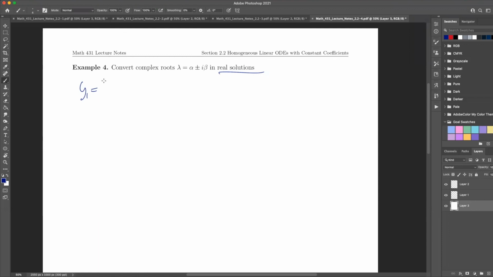So here I have y1 equal to e to the alpha plus ib times x, plus y2 is equal to e to the alpha minus ib times x. Oops, I forgot my e.